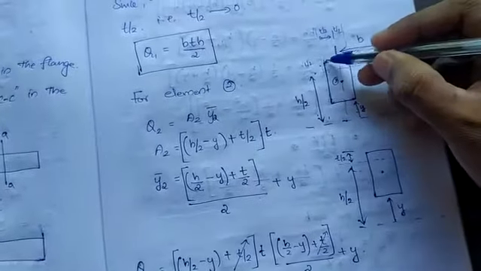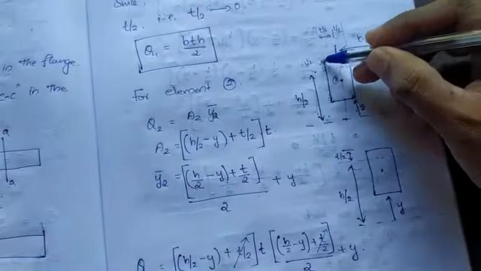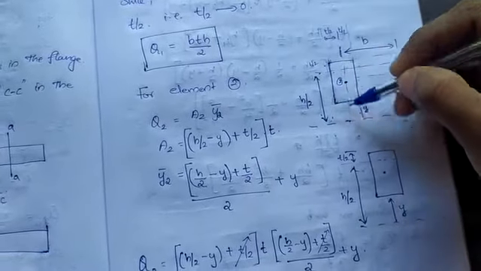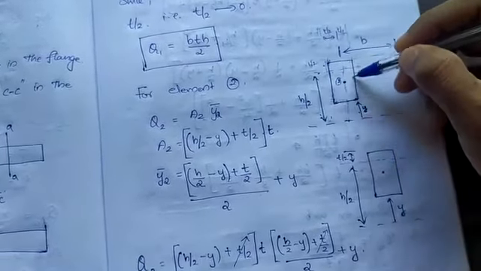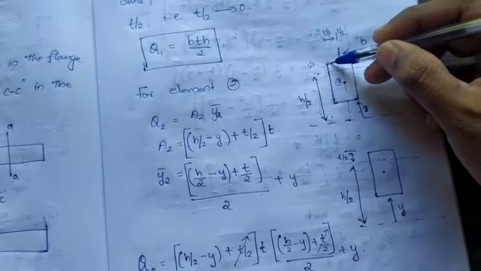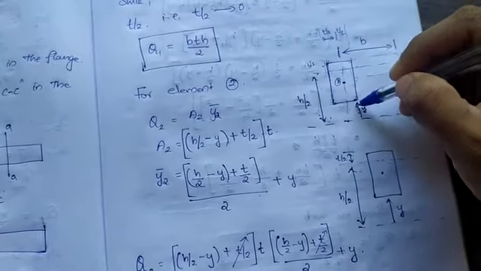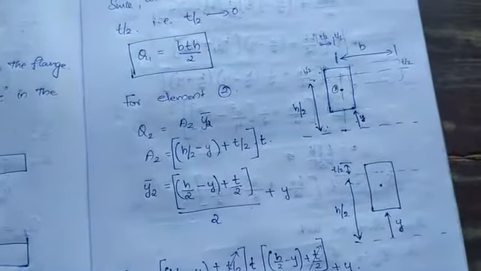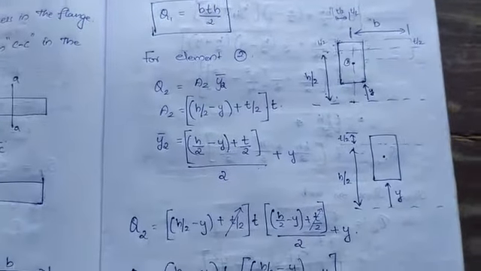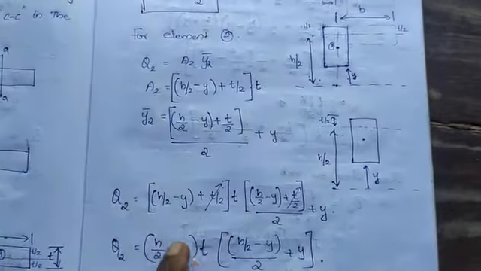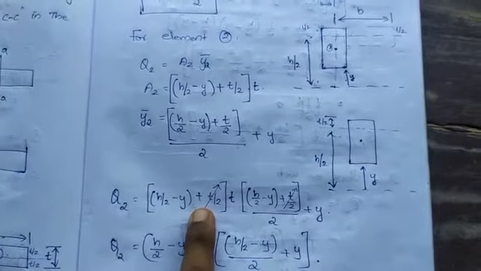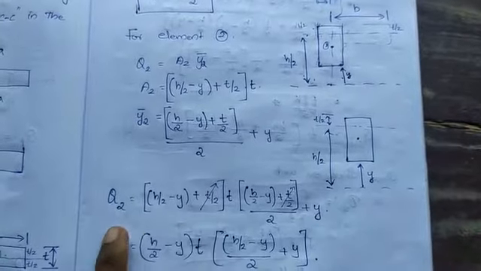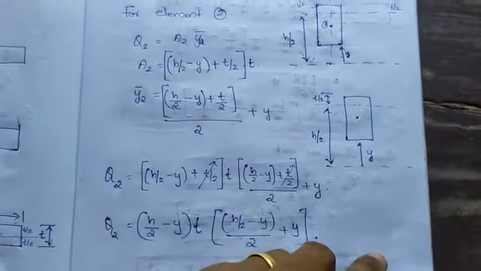That means the whole distance: h by 2 minus y is up to here, plus t by 2 divided by 2, plus this distance y. Clear? Now again you are cancelling; the value of t by 2 is considered as 0. You apply this in Q2 and you will get this value.